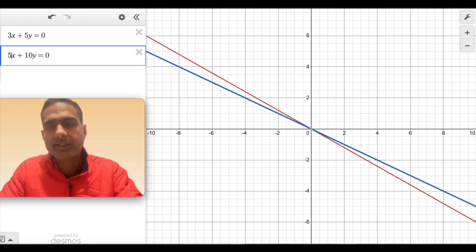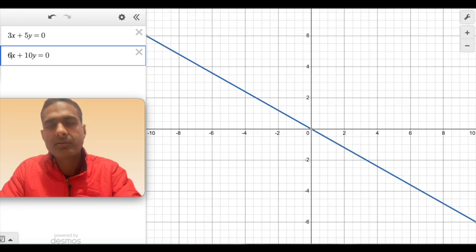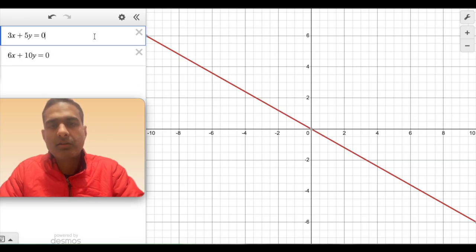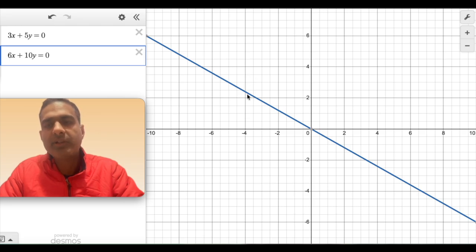With 5, they are getting nearby. Then 6. Then where is the red line? If we see, they both coincided. If I click on the red line it becomes visible, and if I click on the blue line it becomes visible, but they are overlapping each other.